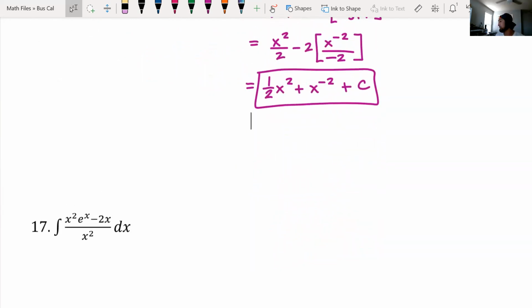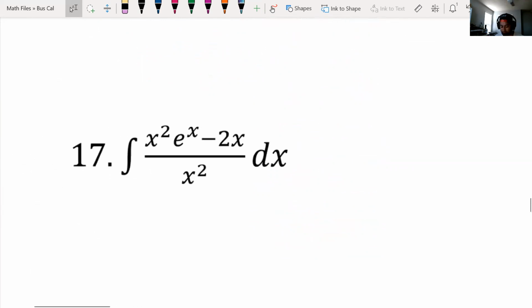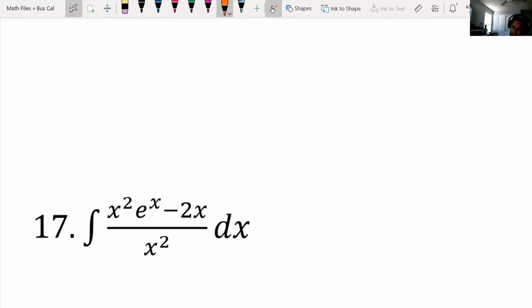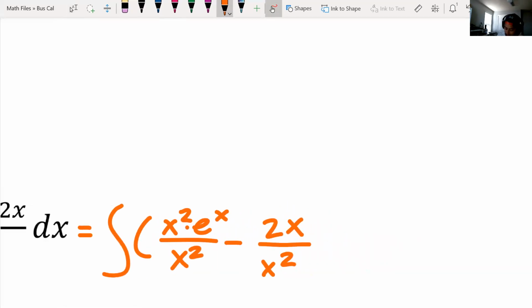17, just like the two above it. Two terms in the numerator over the same denominator, so split it into two fractions. Here we get the integral of x squared e to the x over x squared, and I keep those together because they're connected by multiplication, minus 2x over x squared dx.